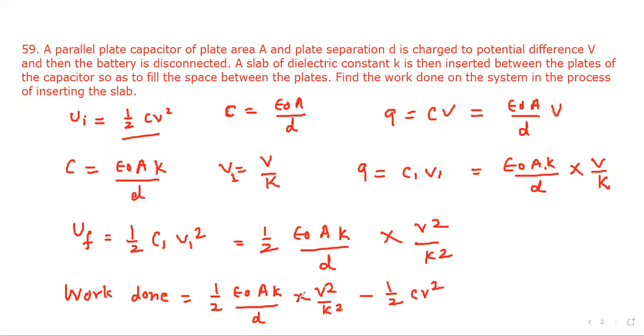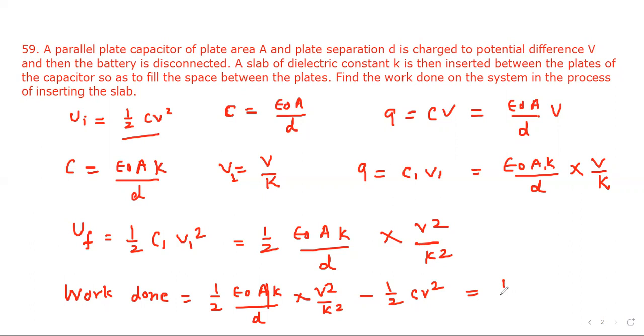So here one K will cancel out. Here the capacitance C is epsilon naught A upon D. It is better to write C equal to epsilon naught A upon D, because the answer is in terms of epsilon naught A upon D. So let's retain it.